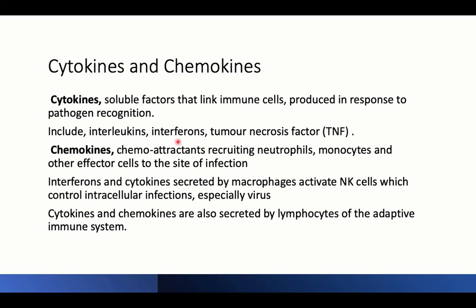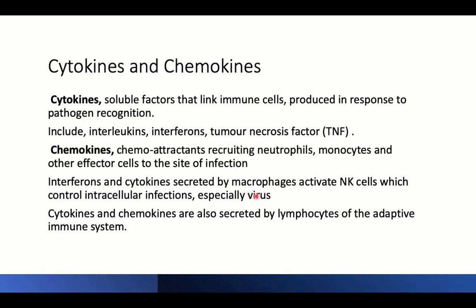Chemokines are chemoattractants that recruit more and more neutrophils, monocytes, and other effector cells to the site of the infection. Interferons and cytokines secreted by macrophages activate natural killer cells, which control intracellular infections, especially viruses.